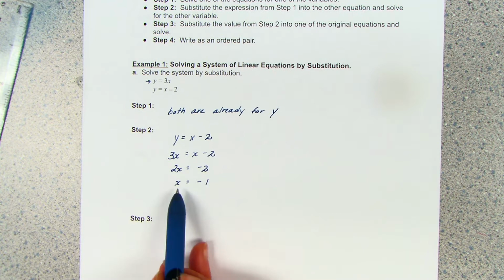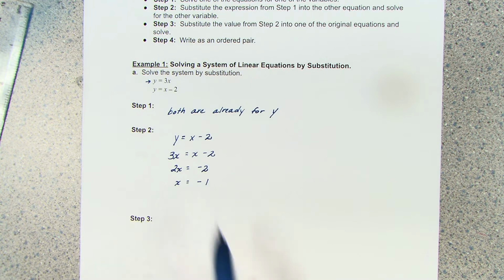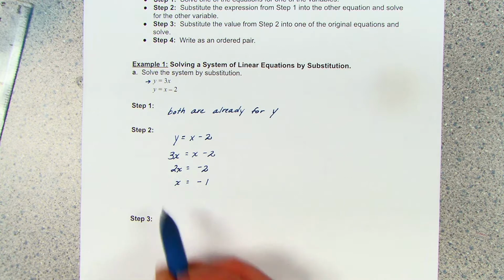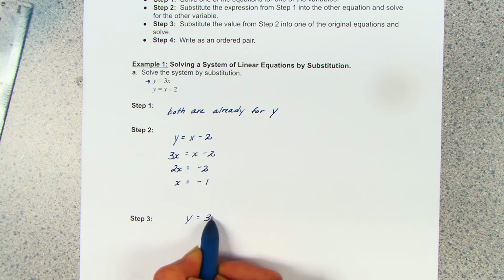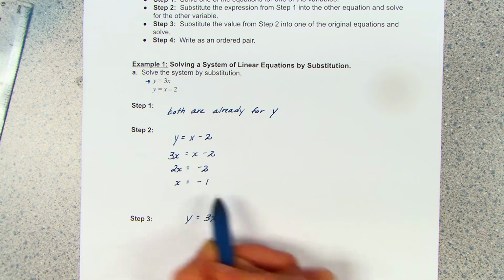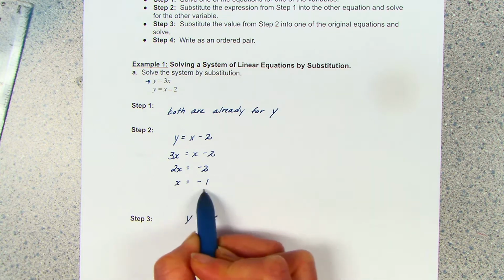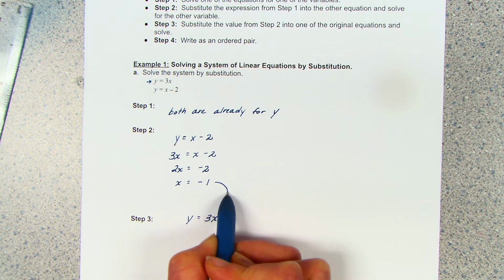All right, then step 3, I'm going to take this x and substitute it into either one of the equations. It doesn't matter, so choose the easiest one. I think that's the easiest. So this is my x value.